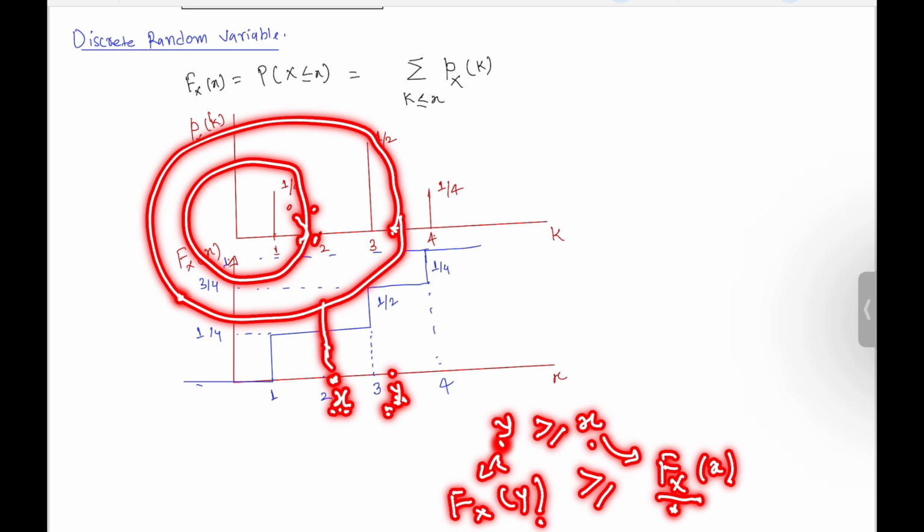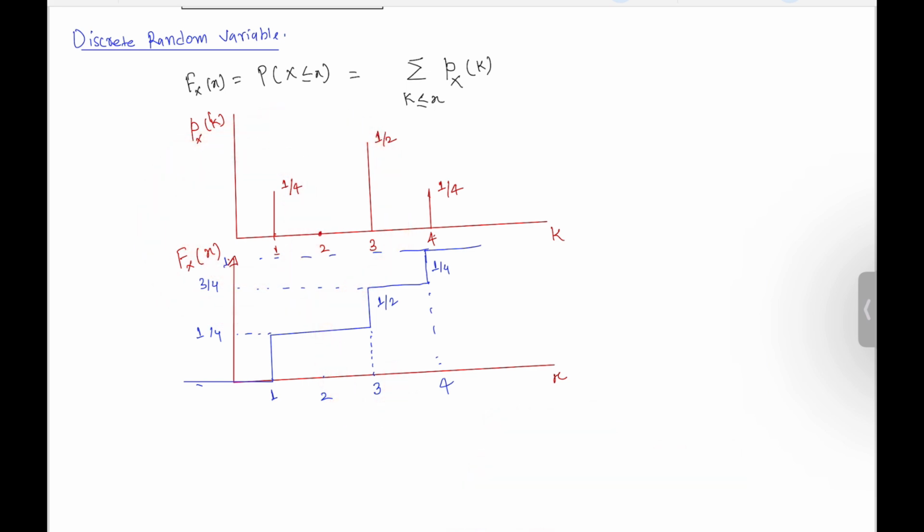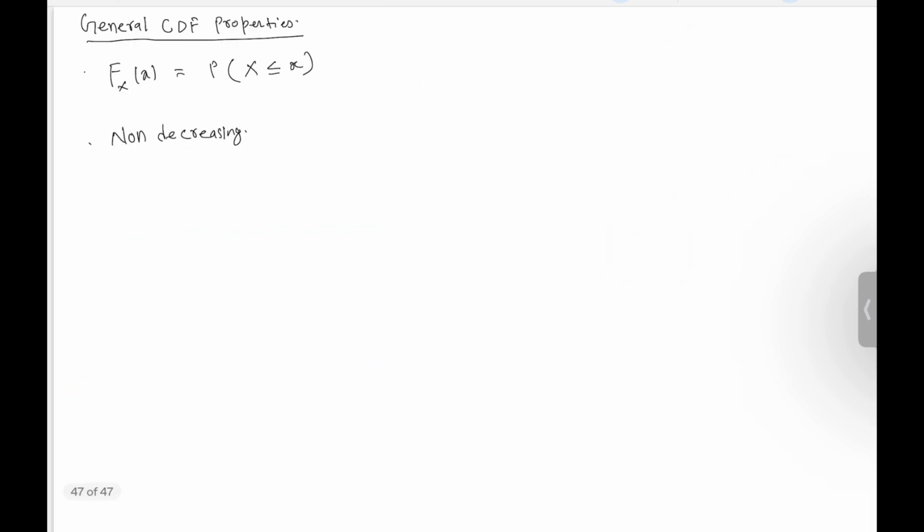right? And also if you are saying that it is non-decreasing, so if you are taking any point y that is greater than x, right, then for the CDF, if it is non-decreasing, the accumulation of probabilities till this point will be greater than till this point, right?